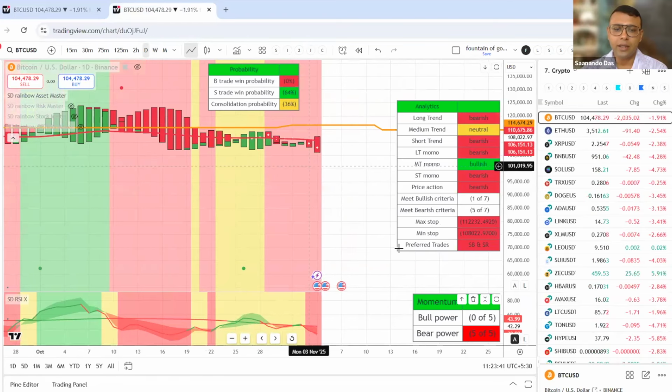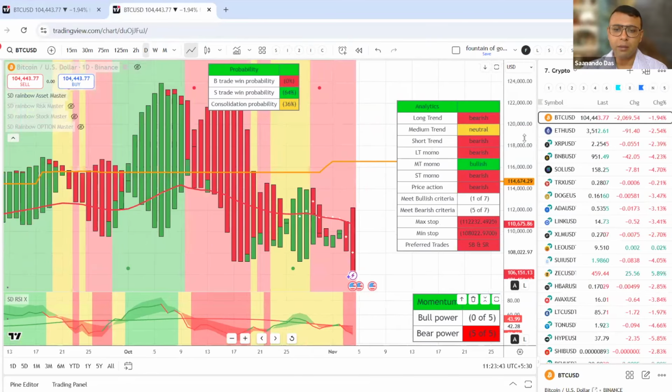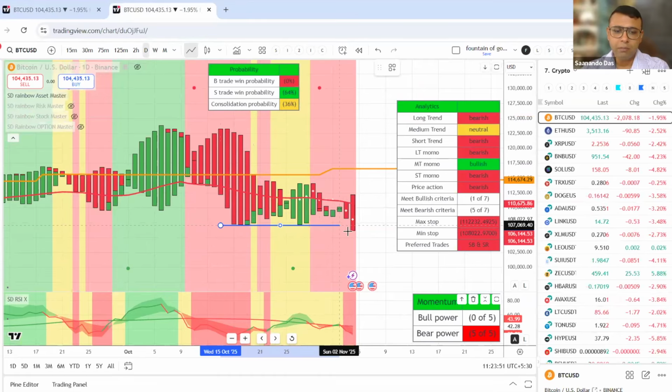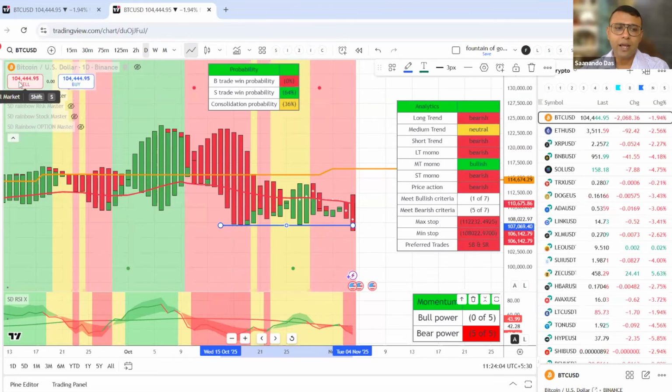In the daily chart, I can see Bitcoin once again coming under selling pressure after a range bound action. It has broken the previous multi-bottom, which I think was around the 106,924 area. Bitcoin at 104,444 is below this level.